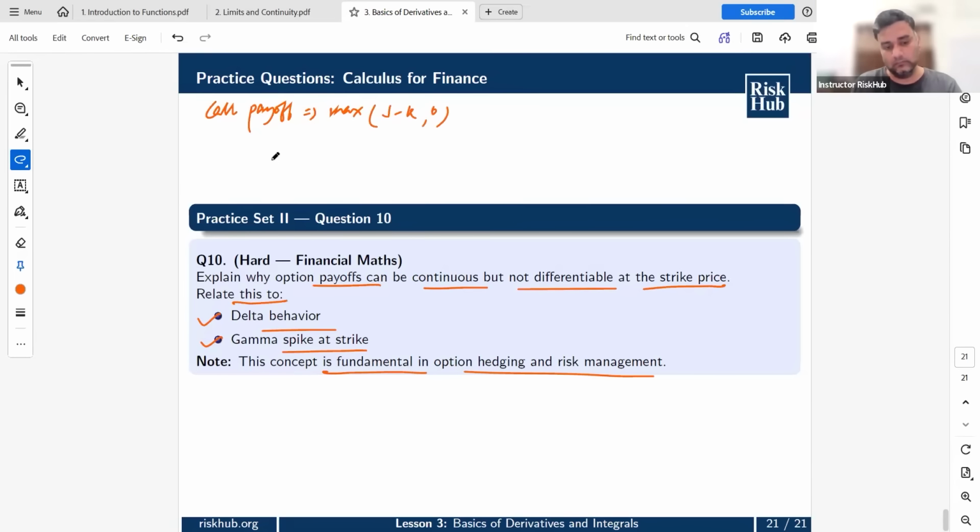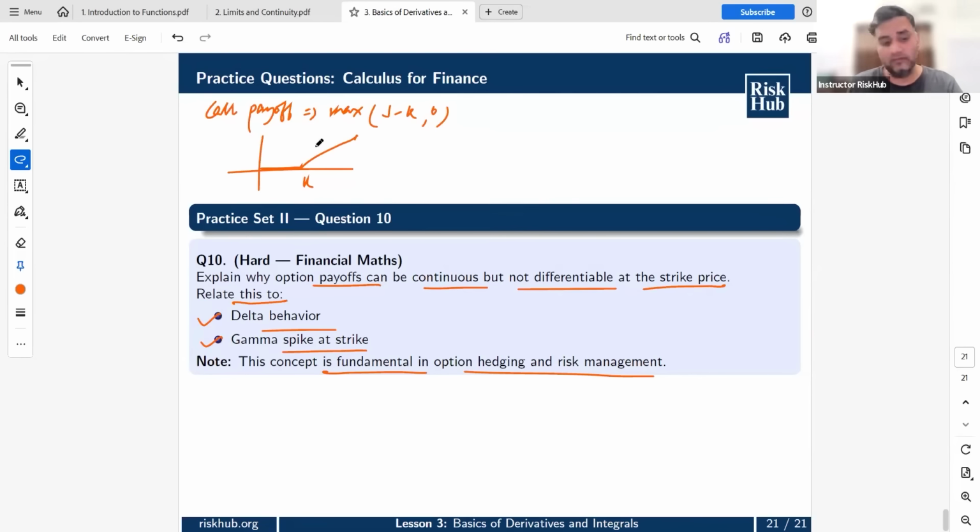And we have seen in the graph shape that there was a kink at the strike price K. On the left side of the strike it was 0, and at the strike, K minus K was 0, so the function is continuous. Now, looking at differentiability, the slope on the left side is 0 and on the right side the slope is 1.